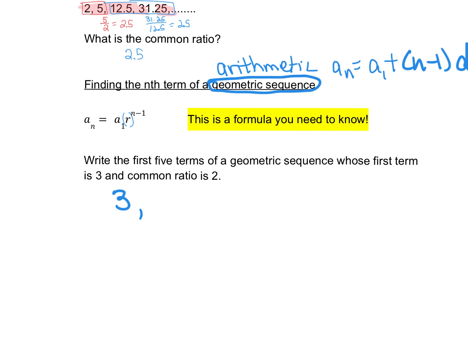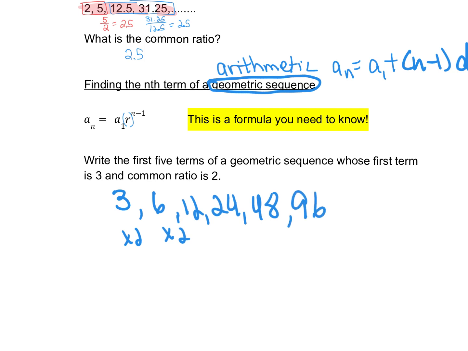That means I'm going times 2. 3 times 2 is 6, times 2 is 12, times 2 is 24, times 2 is 48, times 2 is 96. Have I got there yet? How many did it ask for? The first 5 terms. There we go. So I actually went one too many. The first 5 terms of the geometric sequence would be 3, 6, 12, 24, 48.